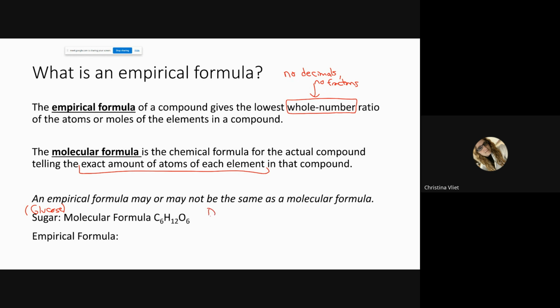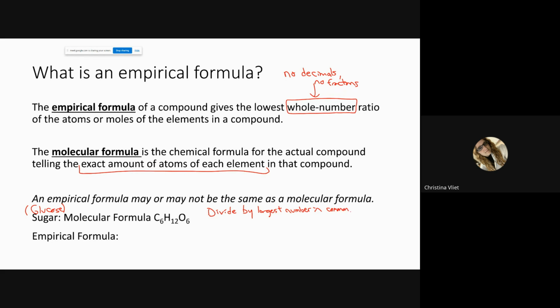And so the idea to go from the molecular formula to the empirical formula is you would divide by the largest number they have in common. That's called the greatest common factor. The largest number they have in common.